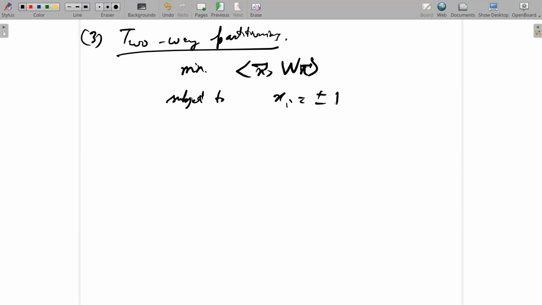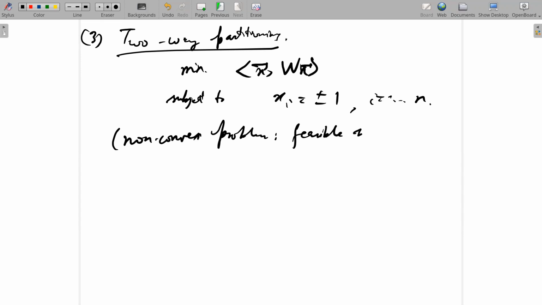So x_i equals plus or minus 1, i equals 1 to n. Why would you care about such a thing? First of all, note that this is a non-convex problem. Your decision space is not convex or even nice. It's just 2 to the n points. Either x1 is plus or minus 1, x2 is plus or minus 1, and so on. So this is a non-convex problem, and the feasible set, or the decision space, has 2 to the n discrete points.